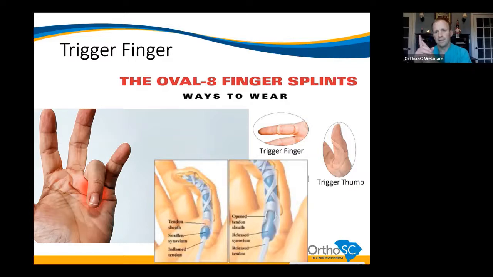You can get these online, and we have them in our office. Those allow you to just rest the finger and keep it from waking you up at night sometimes. Warm water in the mornings is also helpful for this. And then ultimately a steroid injection or surgery, like we were talking about.